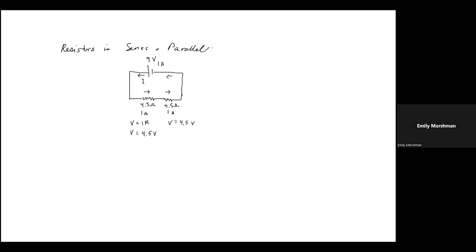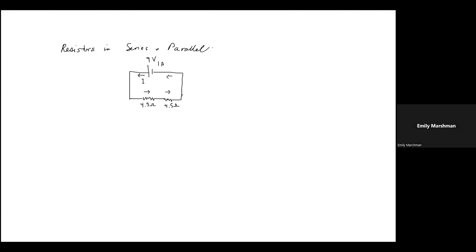If I added another resistor into the mix, what would happen to the current? It would go down, right? And as I add more and more resistance to this circuit in series, the current would keep going down and down and down. You have more basically load on your circuit here.